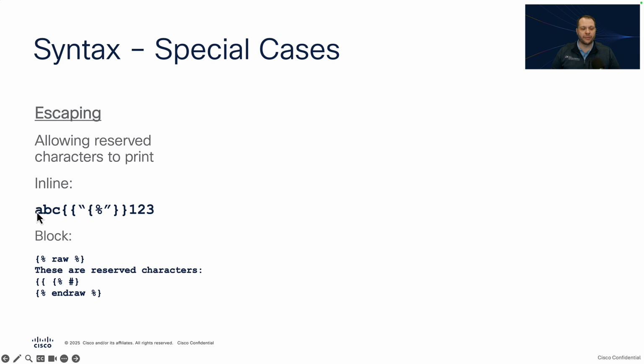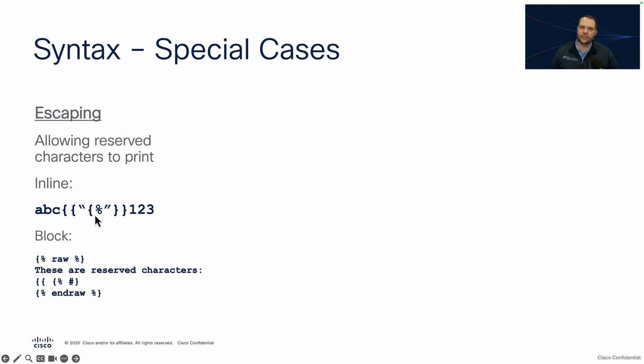So in the first example, in line, let's say that you have a string of text that happens to contain the curly brace and the percent symbol in the middle of that string. As Jinja is going through and processing this string, it's going to see these symbols and know that they're really meant to be the opening delimiters for a statement, and that might cause problems.